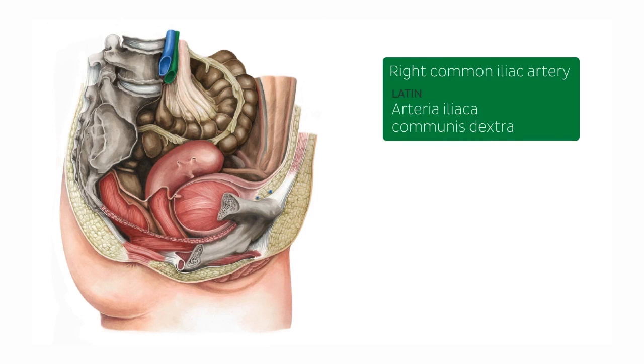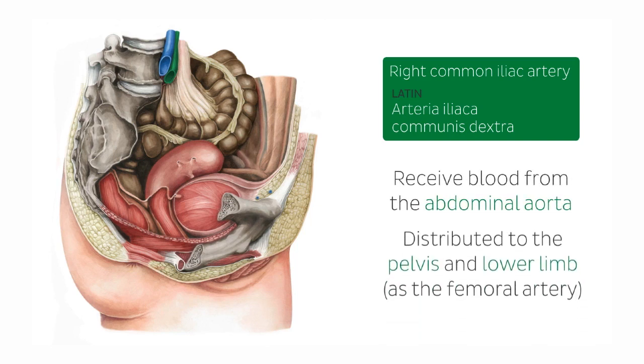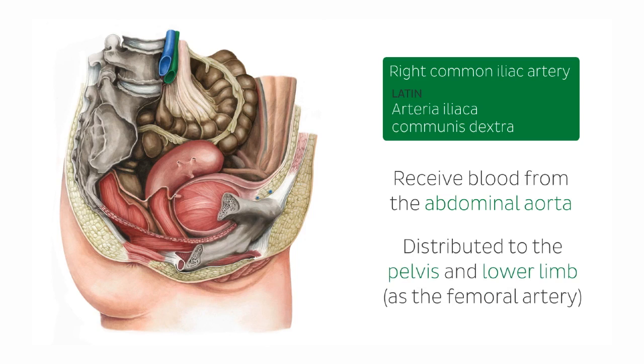Remember that we're looking at the female pelvis from the right view, and hence we're looking specifically at the right common iliac artery. And both the right and left common iliac arteries receive blood from the abdominal aorta and are distributed to the pelvis and the lower limb as the femoral artery on their corresponding sides.